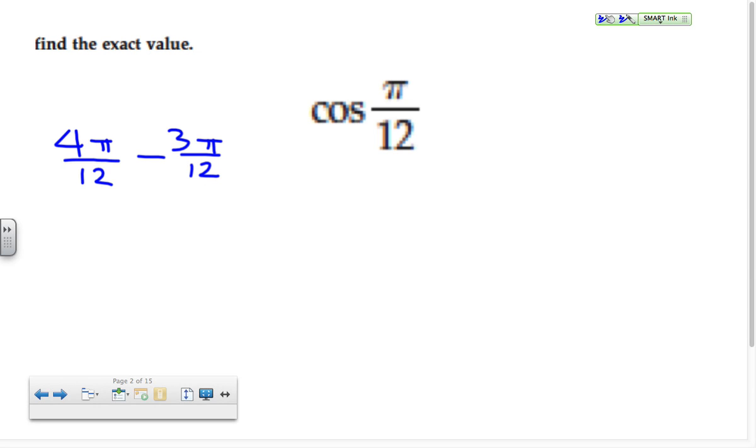Common denominator is 12. The reason I picked these numbers is because 4 pi over 12 reduces to pi over 3, and 3 pi over 12 reduces to pi over 4. So I'm going to rewrite this as cosine of pi over 3 minus pi over 4.